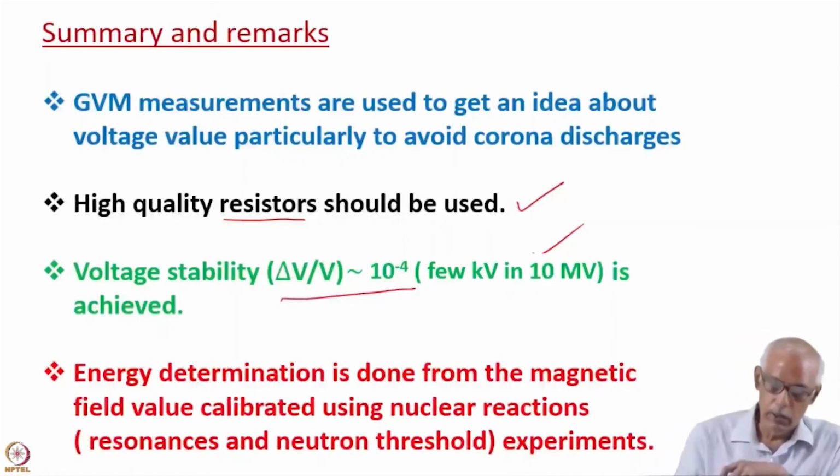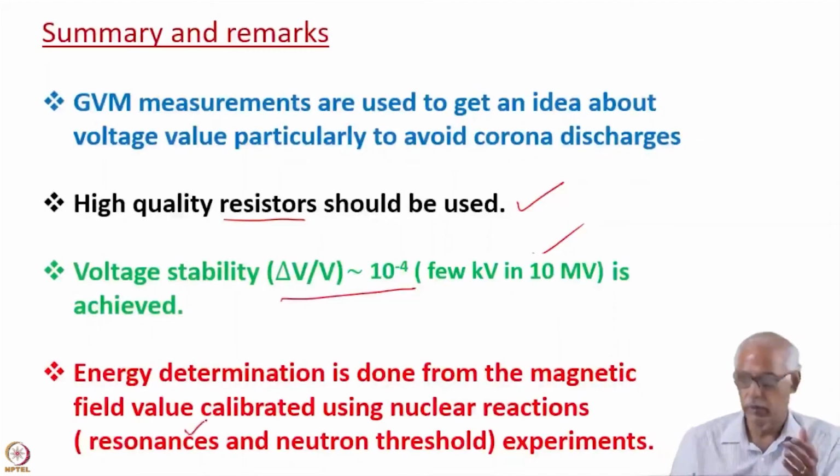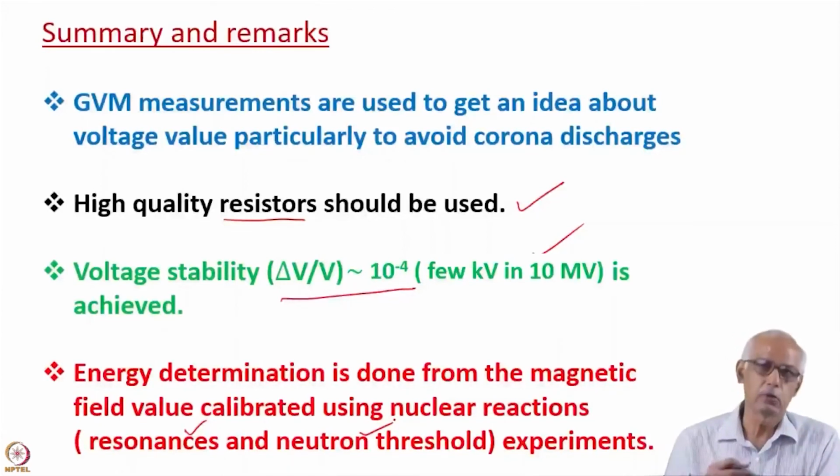Nuclear reactions of two types have been used for calibration: one is the resonance type, which gives very accurate values, and the other is the neutron threshold value. These experiments give the most accurate values.